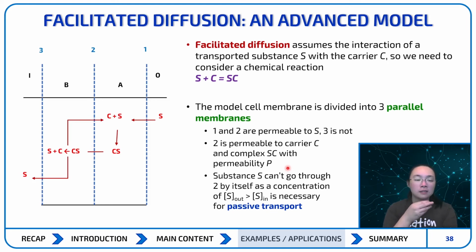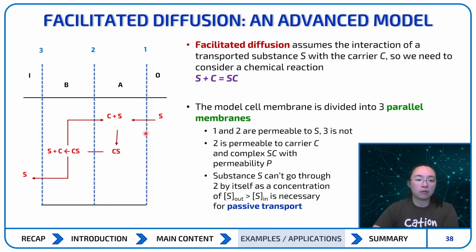So looking at this, there are several membranes involved, or barriers. We have 1, 2, 3 as the three different barriers. 1 and 3 are going to be permeable to S, but 2 is not. 2 is permeable to the carrier C and the complex SC with a permeability of P. That's what we can assume.